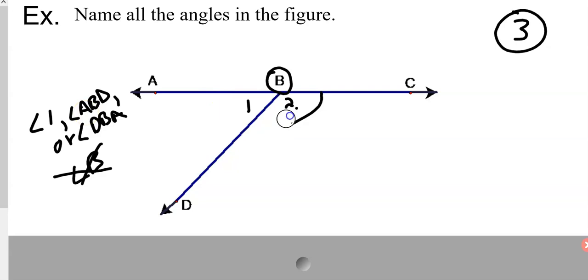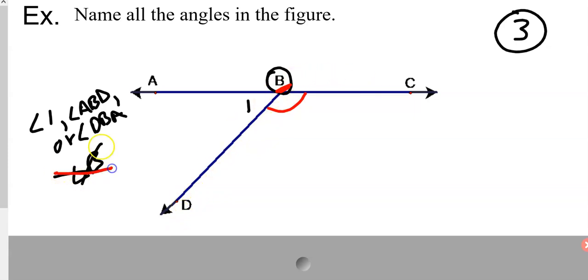Now I put that angle 1 on there. I'm going to erase these. This one names this angle over here, but if I want to name the angle on the right, there are a few different ways I can do it. I can do angle CBD, where the vertex has to be in the middle, or I can reverse that order.